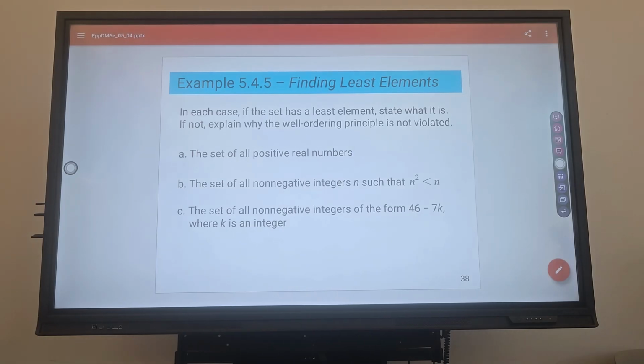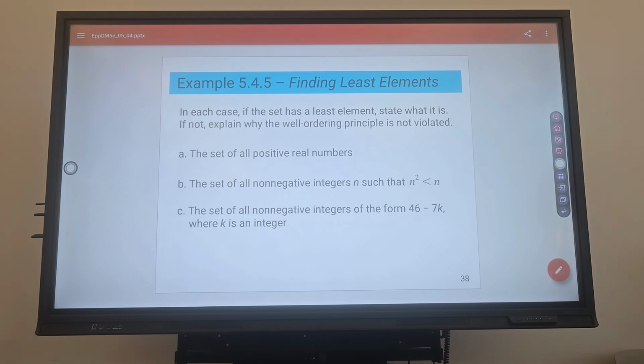There are no non-negative integers n such that n squared is less than n. There aren't any. So there is no least value, but the well-ordering principle is not violated because the well-ordering principle requires there to be at least one element in the set. And there is no element in that set, so there you go.